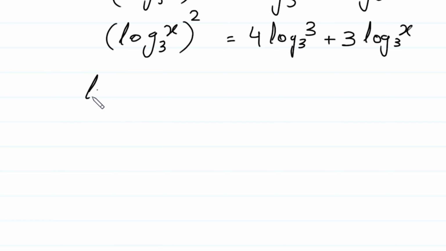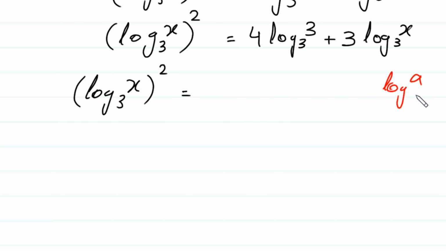Next, according to the law of logarithms, log of a to the base a is equal to 1. This log of 3 to the base 3 becomes 1. 4 times 1 plus 3 times log of x to the base 3.